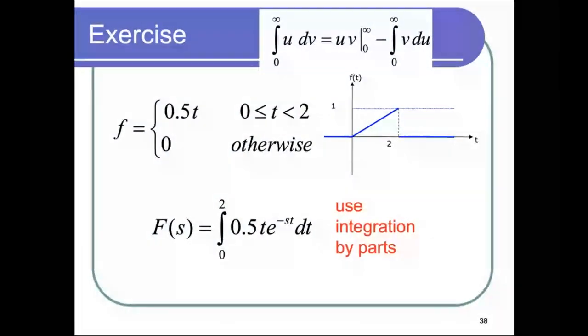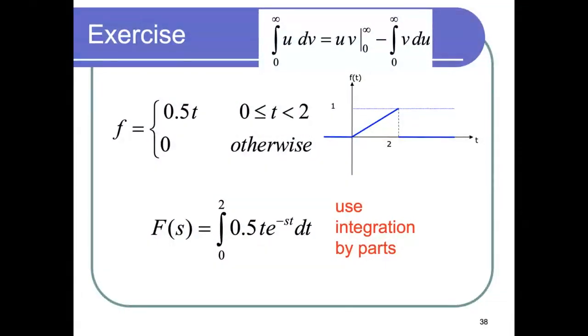Okay, any success? Right, what is the answer, Faisal? So Mazen is saying minus s plus 1 over s squared e squared.